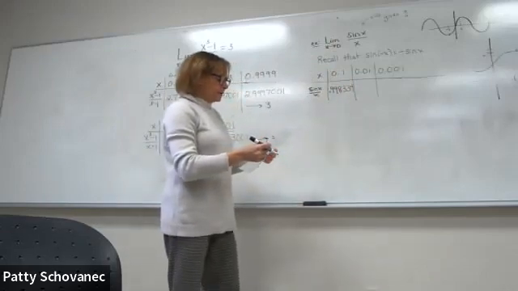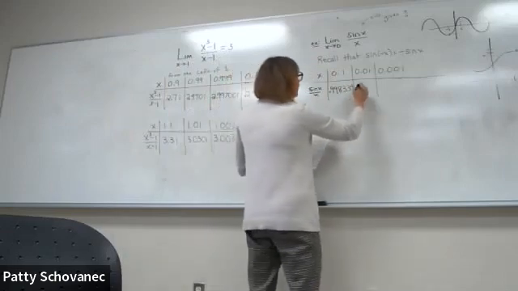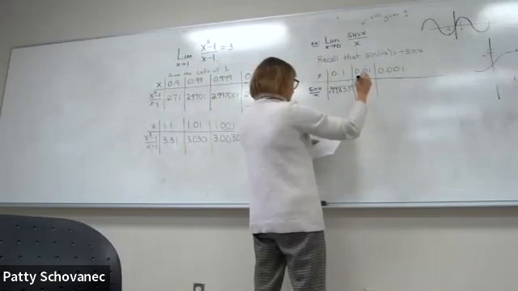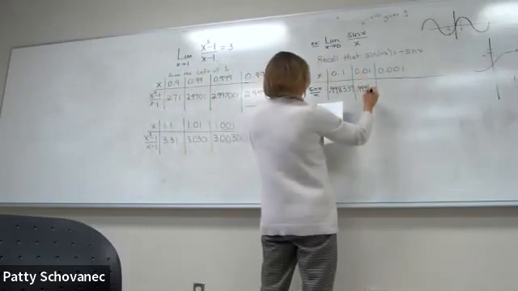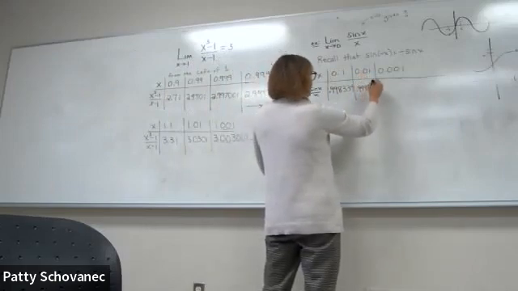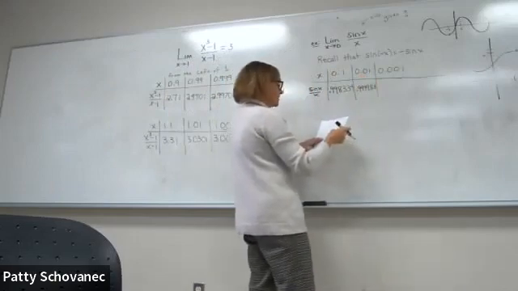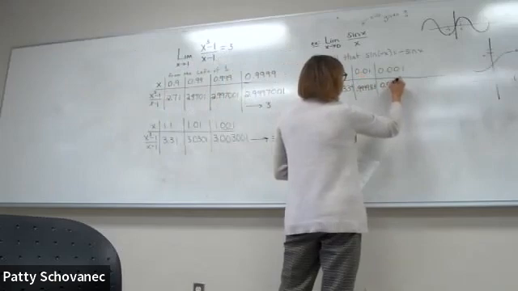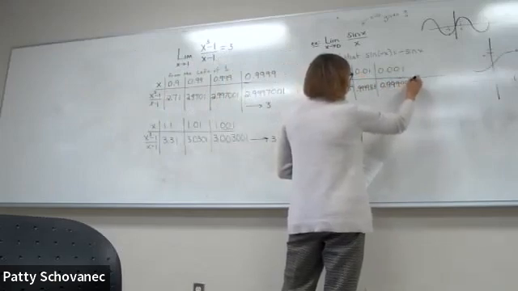The next one, I get 4 9s behind the decimal, and then an 83. And then the next one, I get 6 9s behind the decimal, and then the 83.